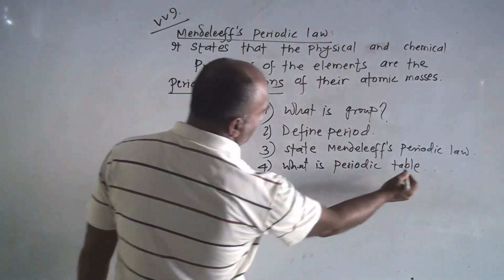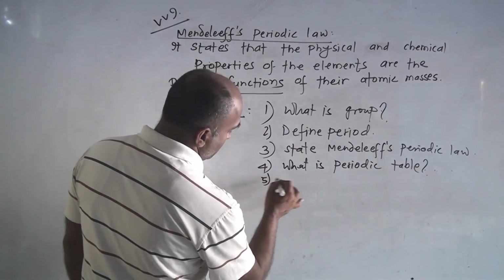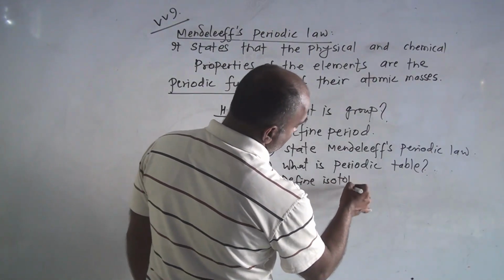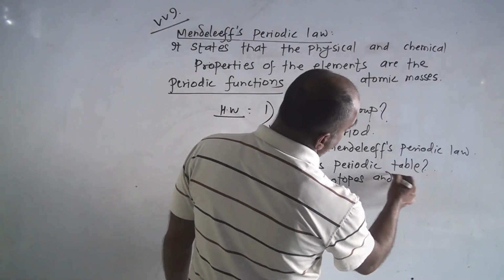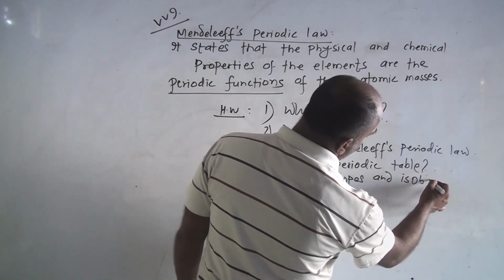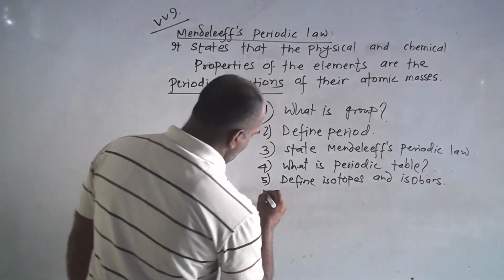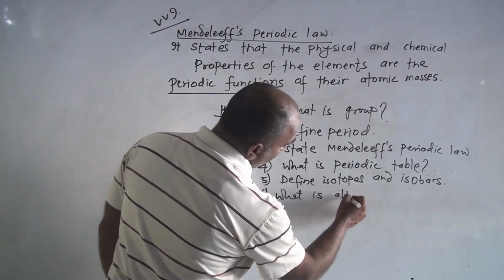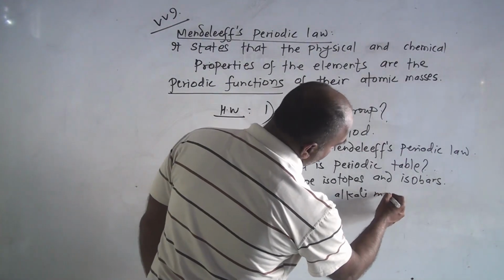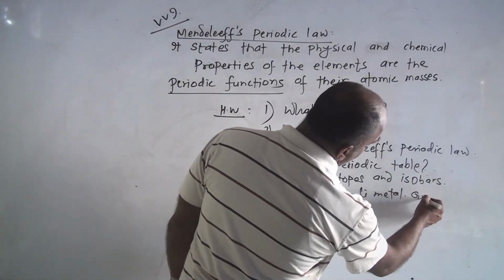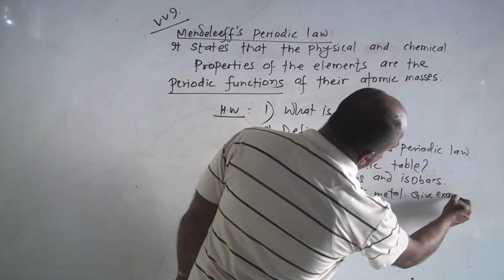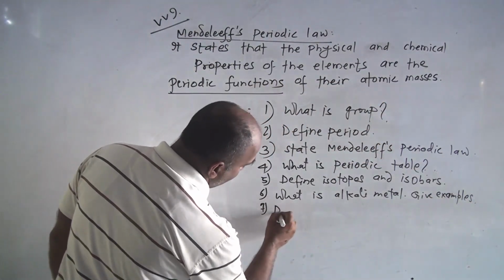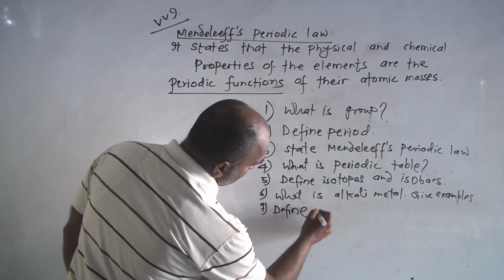Define isotopes and isobars. What is an alkali metal? Give examples. Similarly, define halogens.